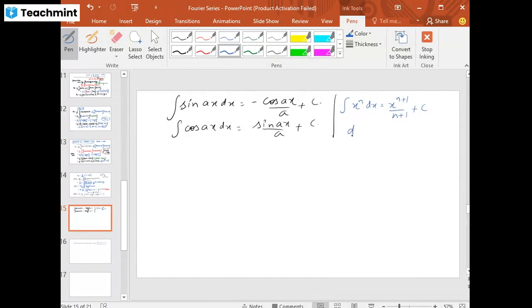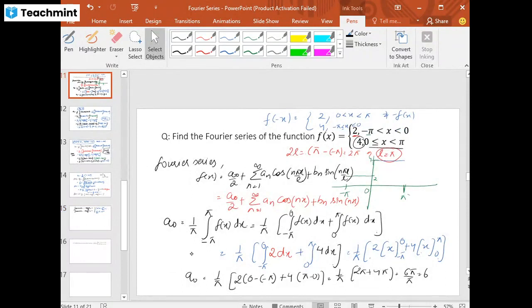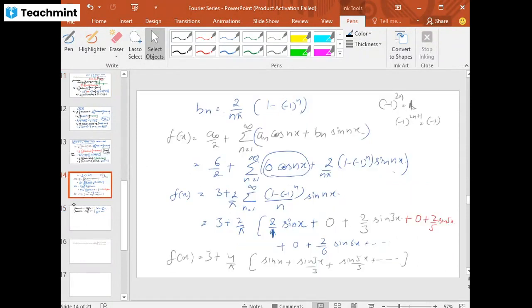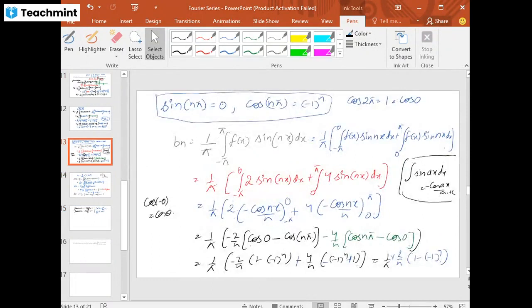And we also need the derivative of x power n, which is n x power n minus 1. And there is one important formula, because if you have seen the formulas of the Fourier coefficients A naught, An and Bn, while calculating An and Bn we need to take the product of the function with the sine function or with the cosine function.